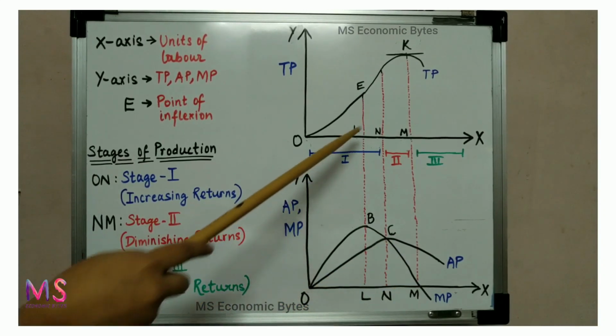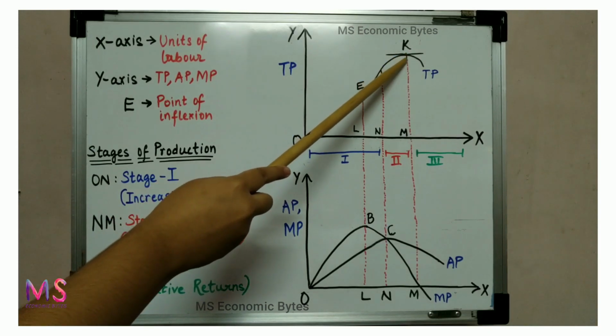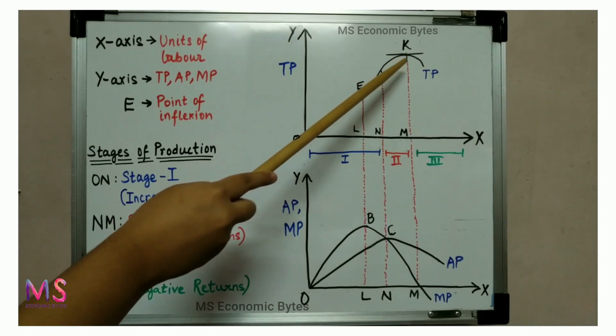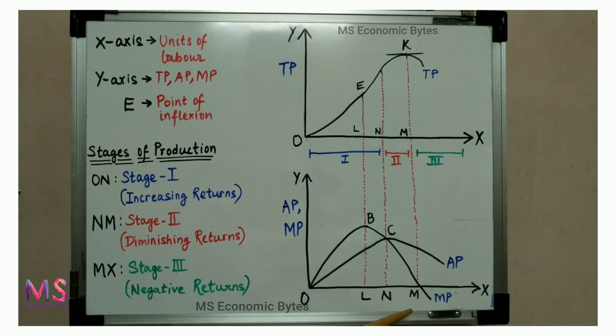By the end of stage 2, total product reaches its maximum, and marginal product becomes 0. It touches the x-axis. Average product is still falling, but it is positive.